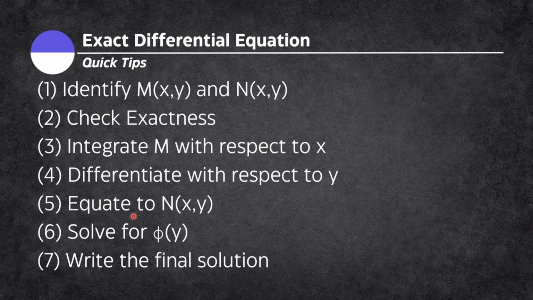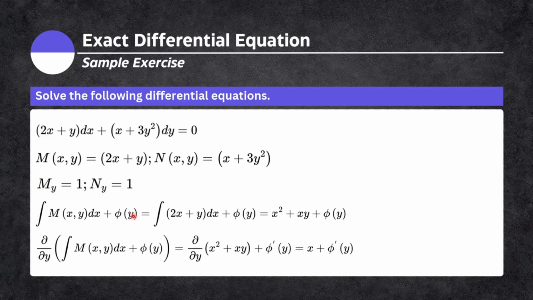Next, you need to equate it to our N function, whatever the result, equate it to the N function, then solve for phi of y by integrating it, and the result will be the final solution. Just write the final solution well. So here's an example so that you can easily understand it.